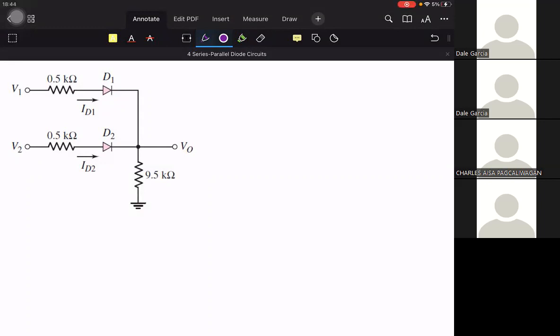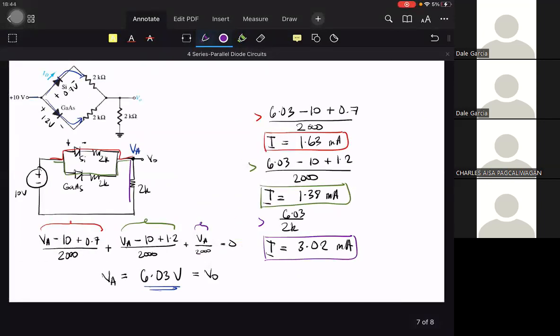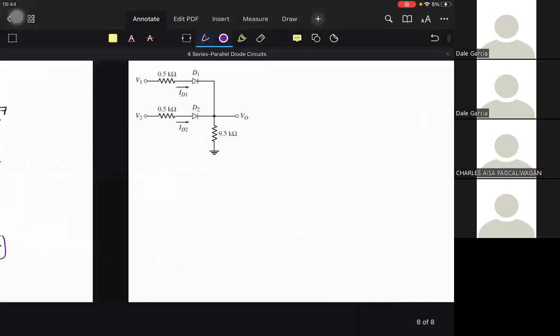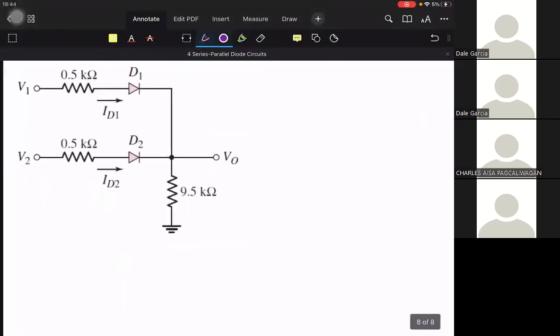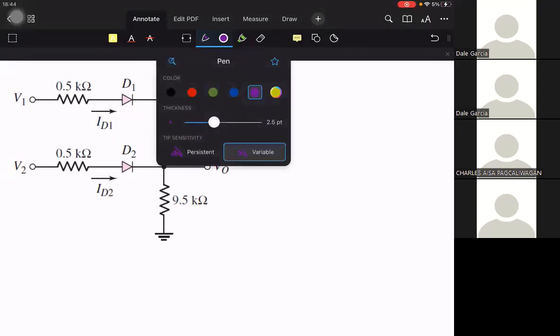Good. Sige. So last example na to this evening is this one. Almost palagi siya sa previous, no? Same siya aning circuit. Panggid ni nodal. We have 4 cases for this one.